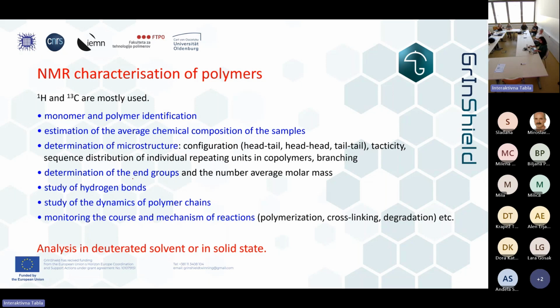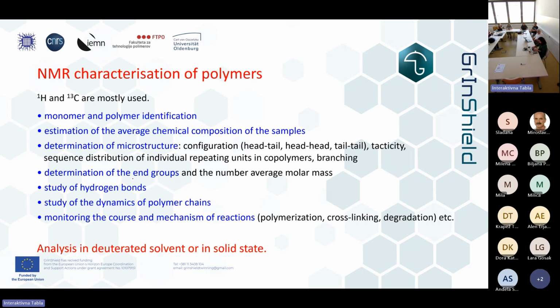We can use it for monomer and polymer identification. This is, I think, the easiest way to really see what is in a polymer. From FTIR, for example, it's very hard to distinguish between polyamide 6 and polyamide 6,6 because the bands are more or less at the same position. But in NMR, it is a bit easier.